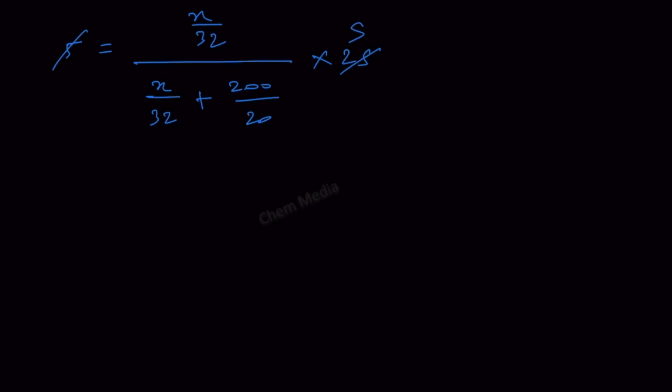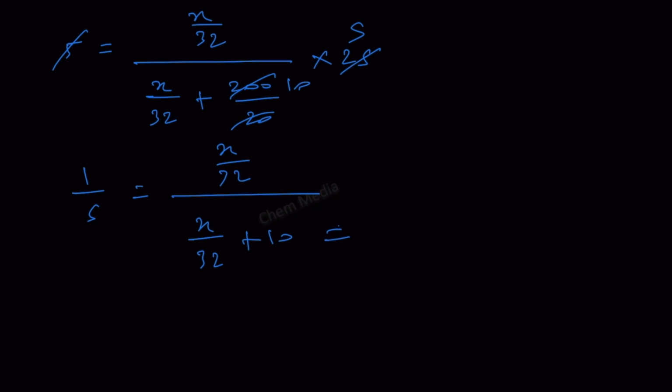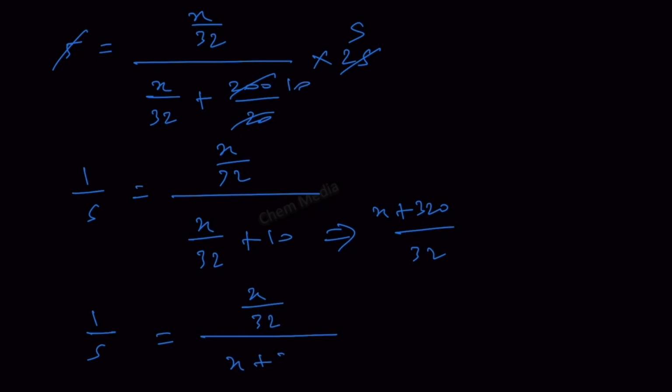So this will be 5 times. Let's bring the 5 on the other side. So 1 by 5 equal to, this will be 10 times X by 32 whole divided by X by 32 plus 10. So this expression in the denominator we can write it as, if we take 32 as common, then it would be X plus 320, isn't it? So therefore 1 by 5 equal to X by 32 divided by X plus 320 divided by 32.